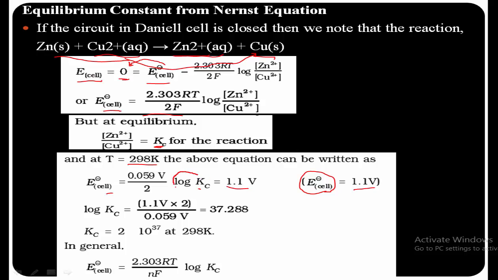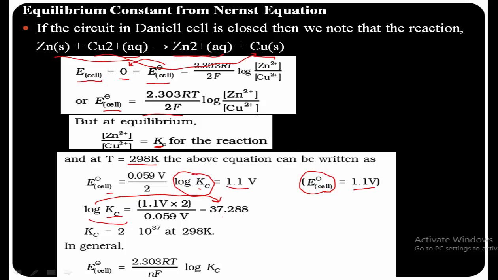Now we need to find the equilibrium constant, log Kc. So I will write log Kc here, and upon cross multiplying I get 1.1 into 2 divided by 0.059, which is equal to 37.288. And now we want Kc. So take the log to this side, it becomes anti-log.